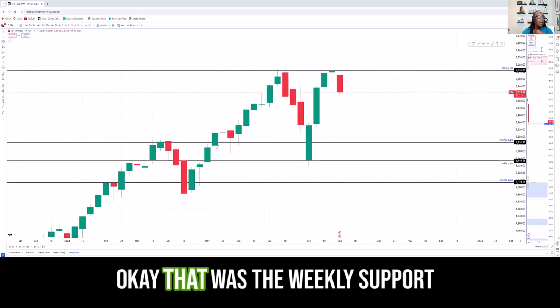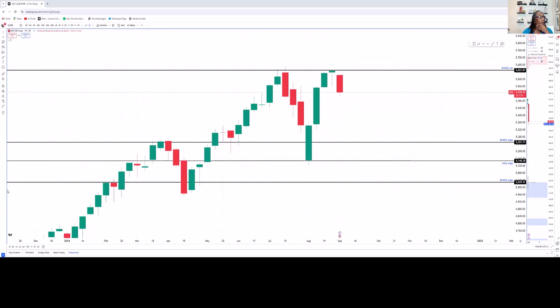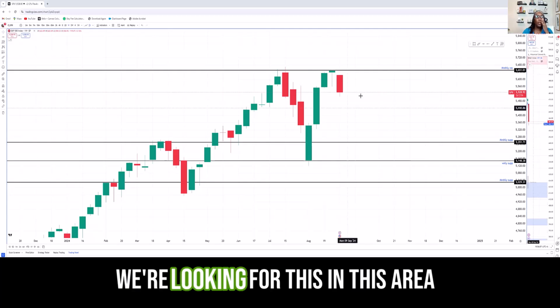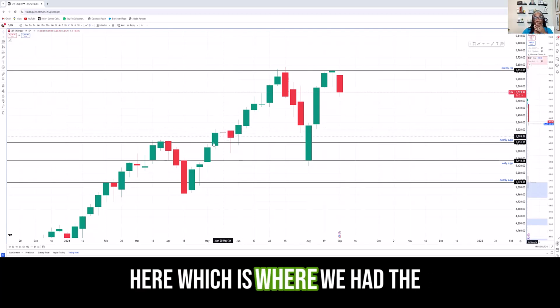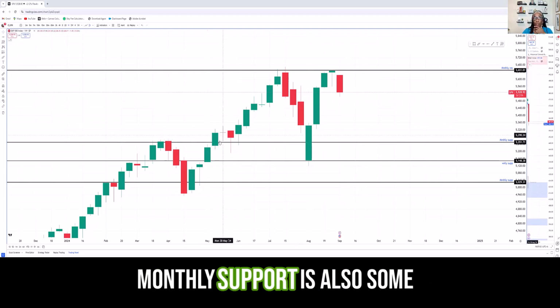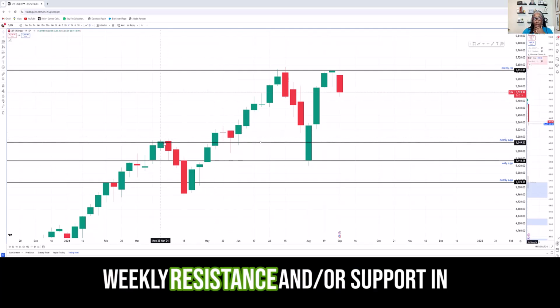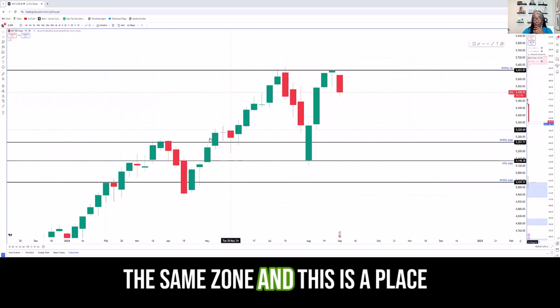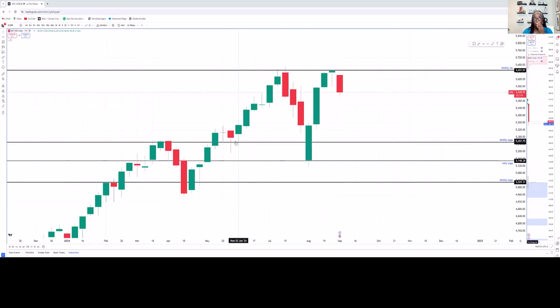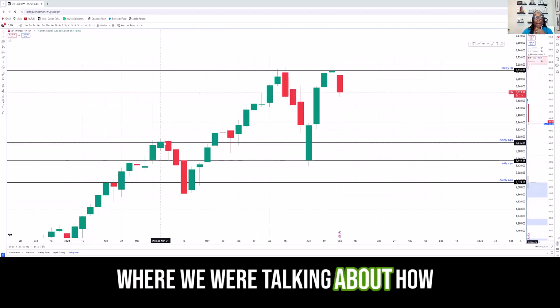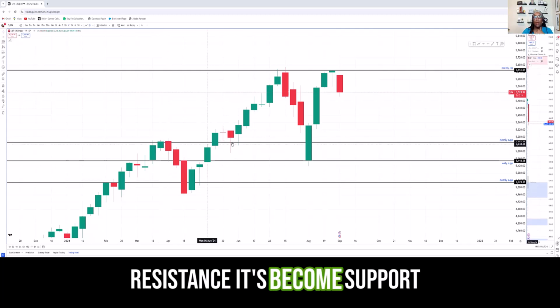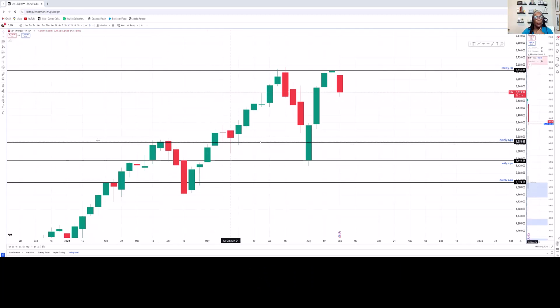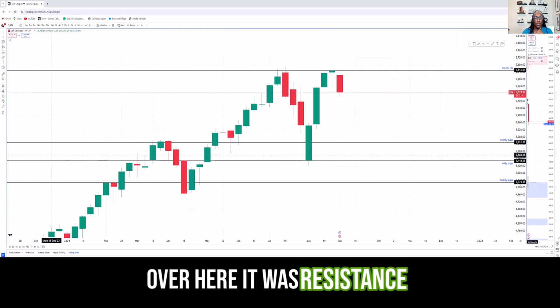Okay. That was the weekly support, right? If we're looking in this area here, which is where we had the monthly support, there's also some weekly resistance and/or support in the same zone. This is a place where we were talking about how resistance becomes support. Over here it was resistance.